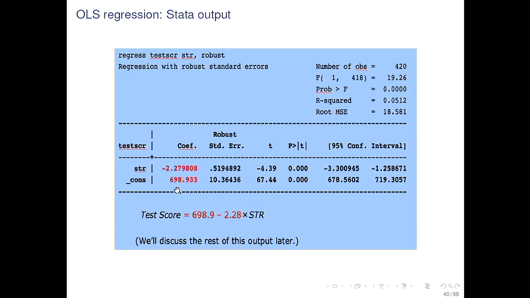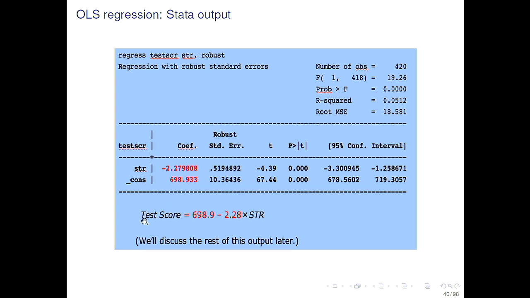And I want to focus on this highlighted part. The coefficient that is attached to this regressor is estimated to be negative 2.28. And the coefficient for the constant, which is the intercept, is estimated to be 698.